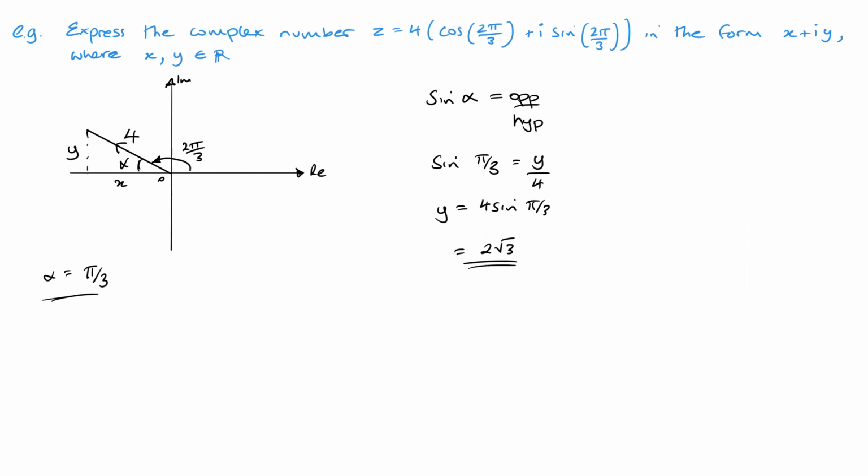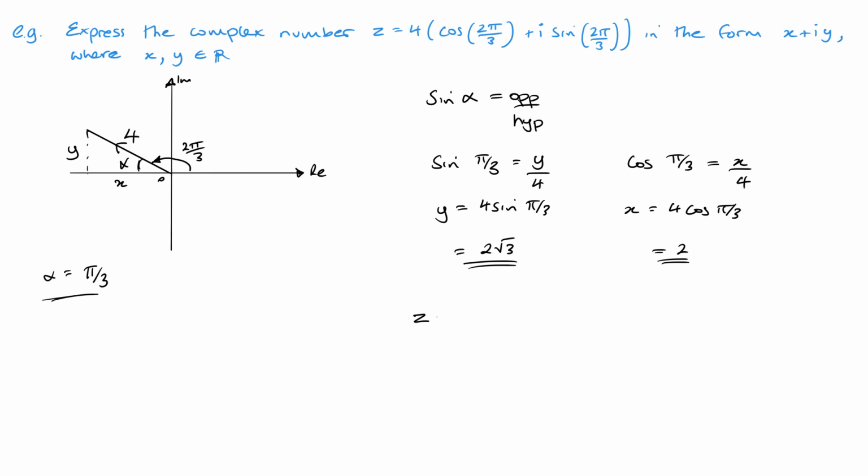And doing the same with cos. So cos pi by 3 is adjacent over hypotenuse. So exactly the same thing, just jumping straight to your calculator, and we get 2.